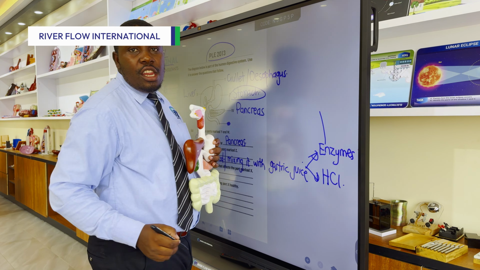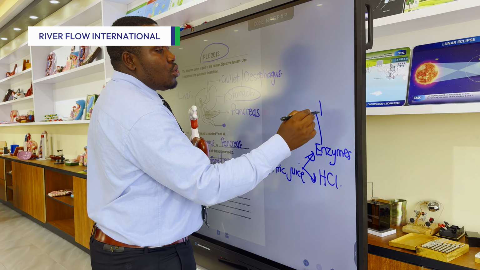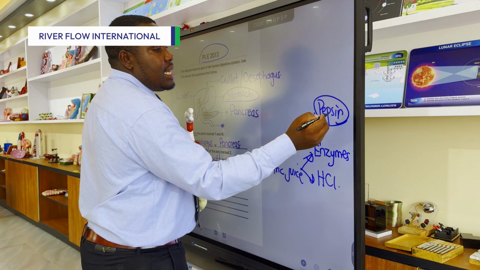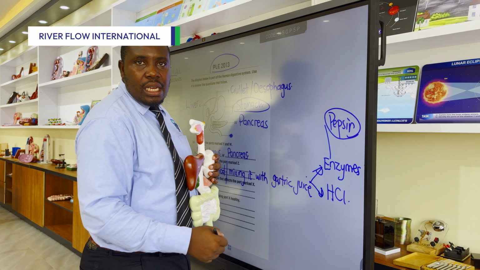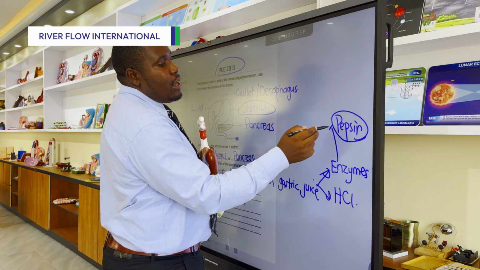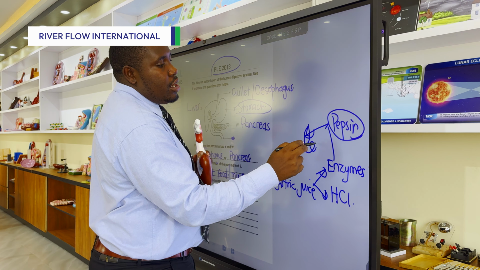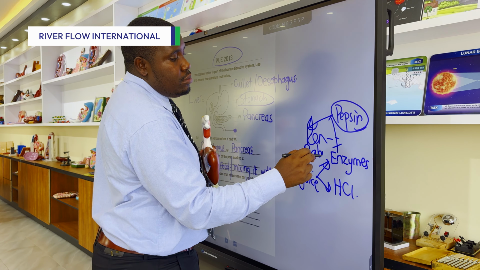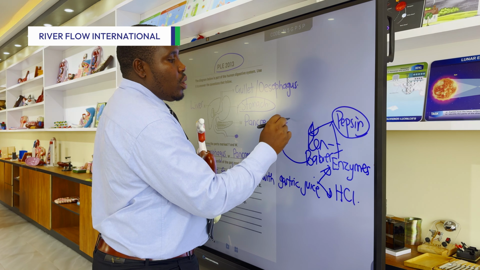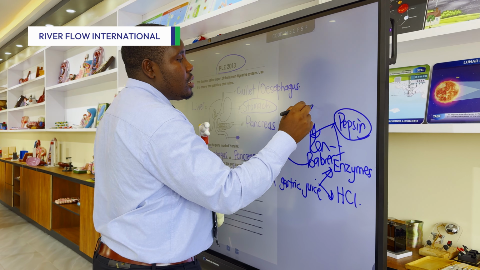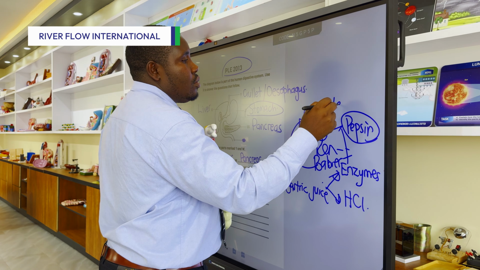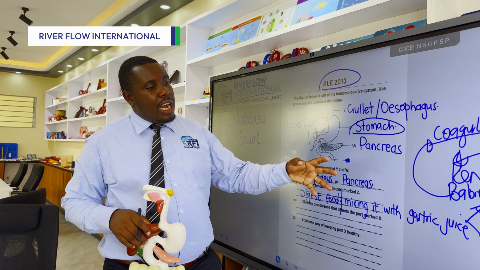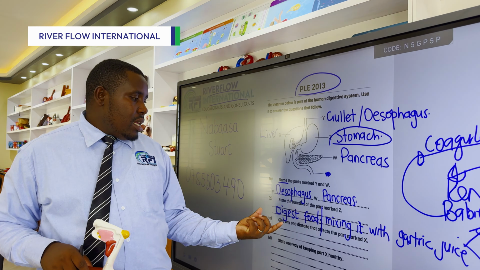We have renin, which is in babies, and then we also have pepsin, which is produced in adults. This one will be able to digest proteins. And of course, renin is found in babies, and its function is to coagulate milk proteins. So that's why we have it in the stomach.